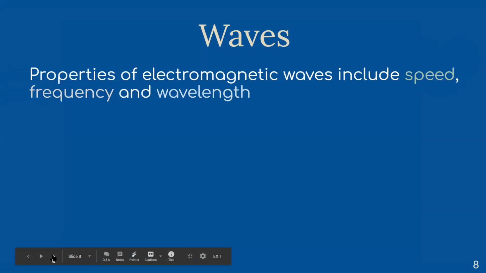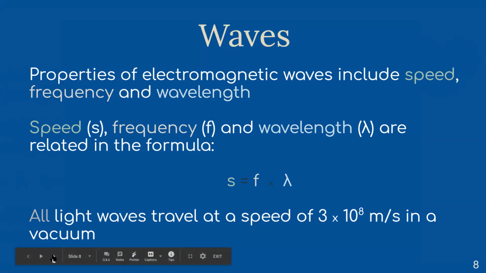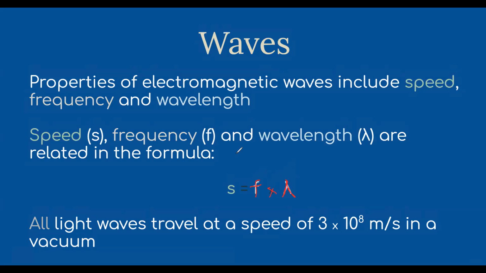So let's just go into waves and what they are. Waves have speed. Obviously, waves have speed. And the amount of times they occur is frequency. This is going to be frequency times wavelength, and it's going to give us a speed. You guys don't need to know this. It's not that important.